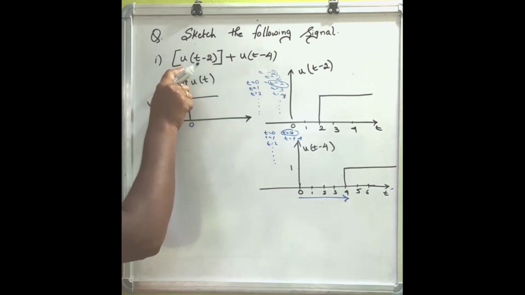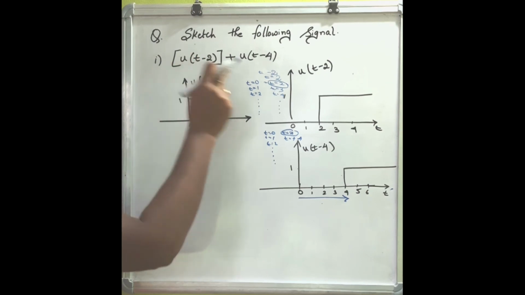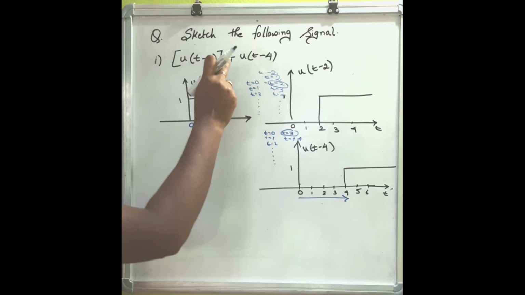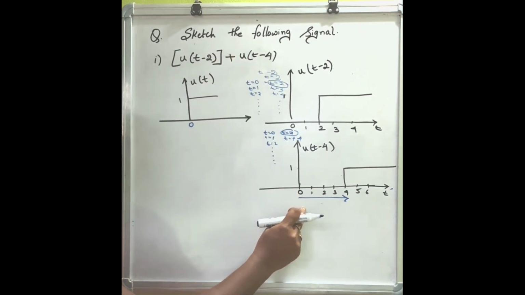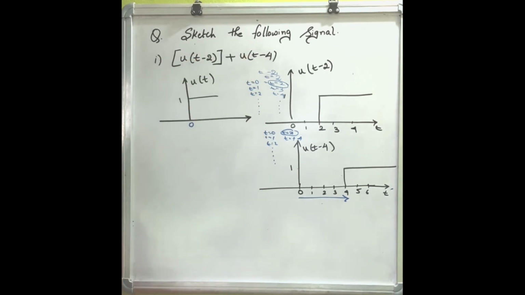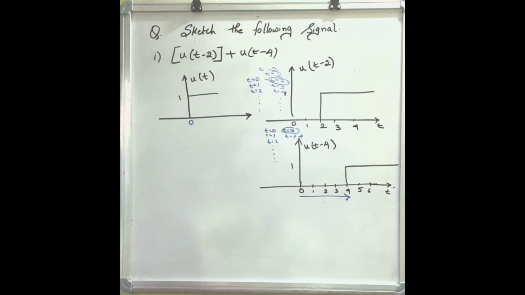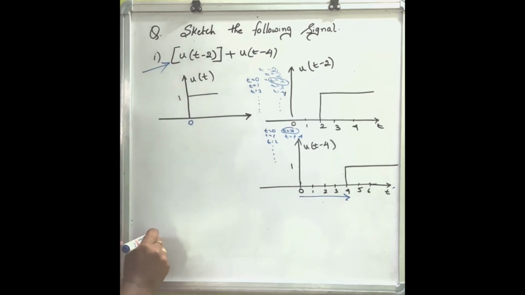So we have found u of t minus 2 and u of t minus 4. Now it is time for us to find the signal obtained by adding the two. So let's add the two signals u of t minus 2 and u of t minus 4 to get the signal that has been asked.